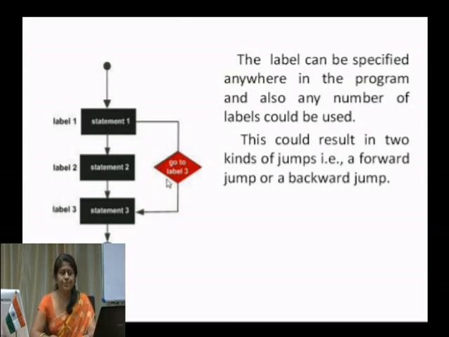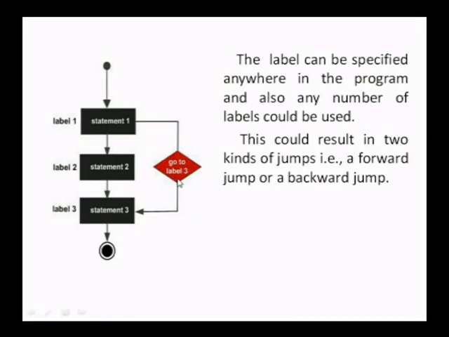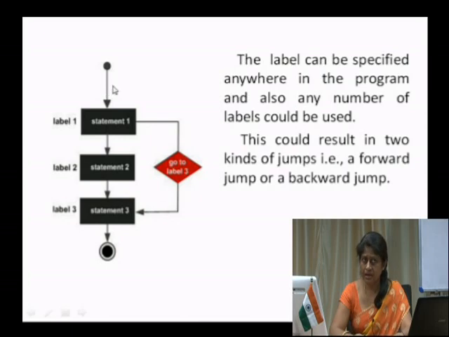When we are going to use the goto statement, we need to have some labels in the program. Suppose we have labels in the program such as label 1, label 2, label 3, etc. Then, using the goto statement, I could say go to a particular label number. Here we are saying go to label 3, where the control at the beginning is over here.